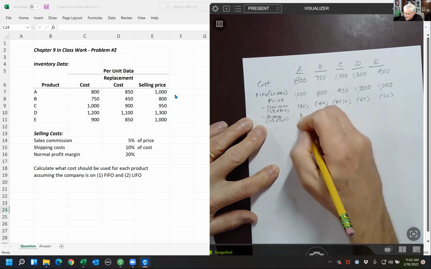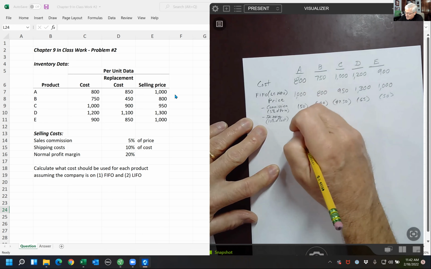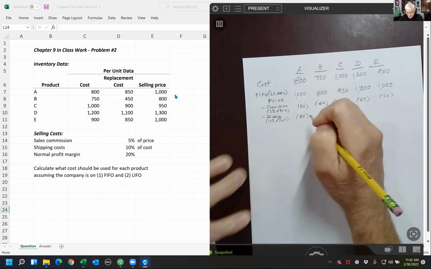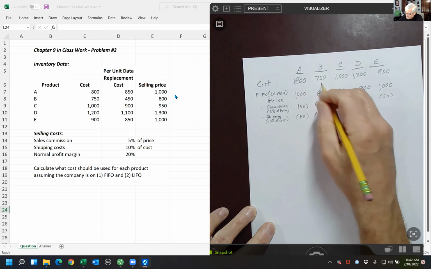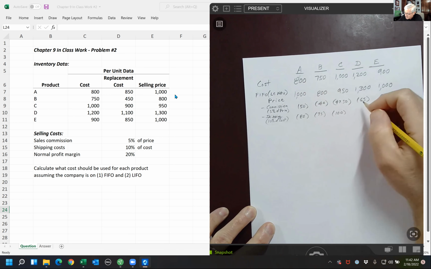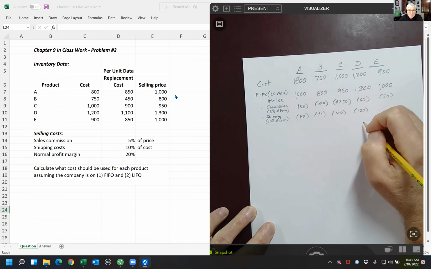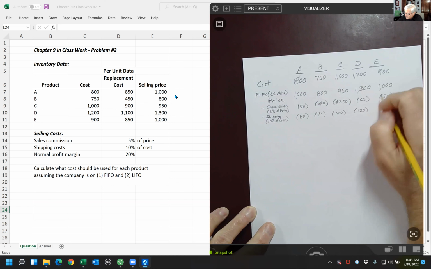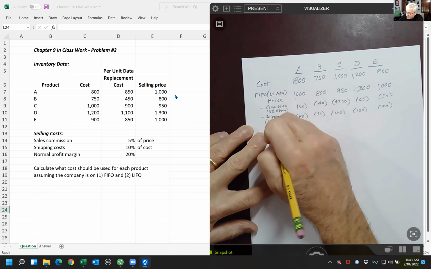So you have to be really careful that you don't pick up the wrong percent of price there for that. So 10% of the cost, 80. 10% of 750, 75. 10% of 1,000, 100. That's 120, 10% here. And 10% here, 90. So now we've calculated net realizable value.